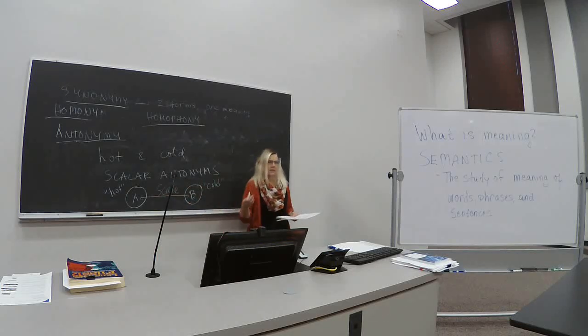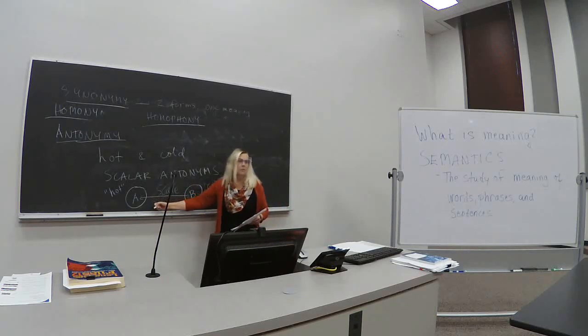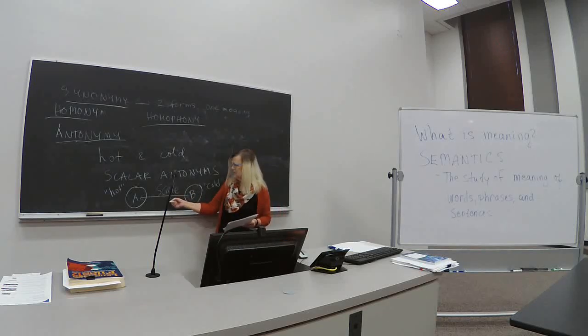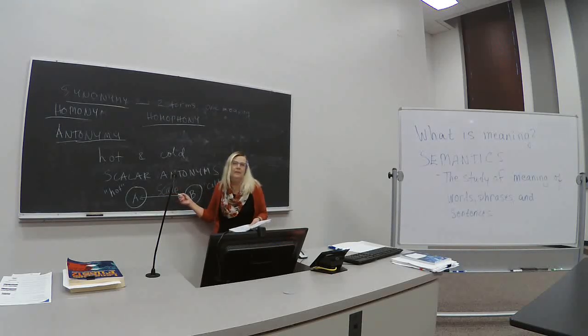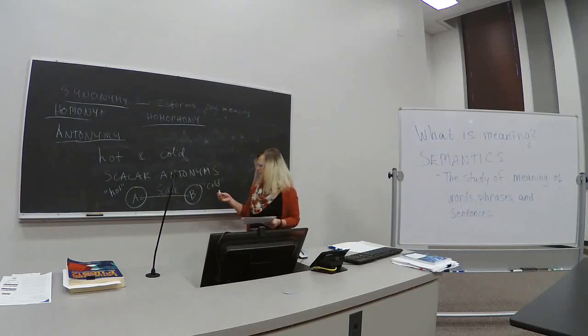Can you give me some examples? Like warm? Warm, yeah, warm would go somewhere there. What about others? Fresh or cool. Yeah. So we have a lot of words that we can put in here: warm, lukewarm, tepid, cool is a kind of cold. So we can add those words in there.